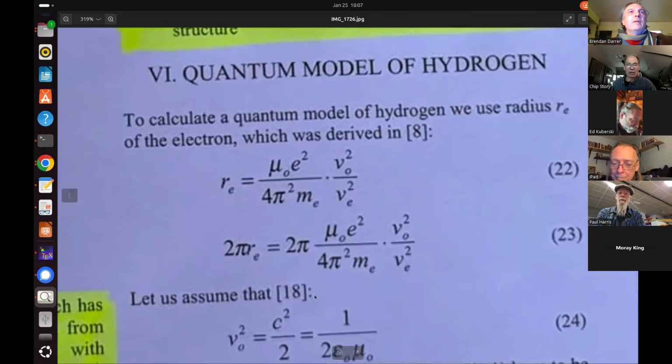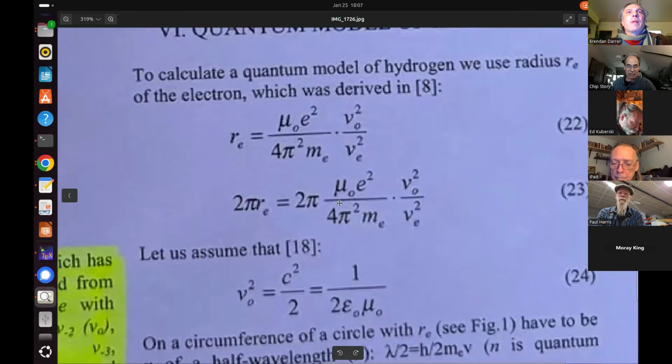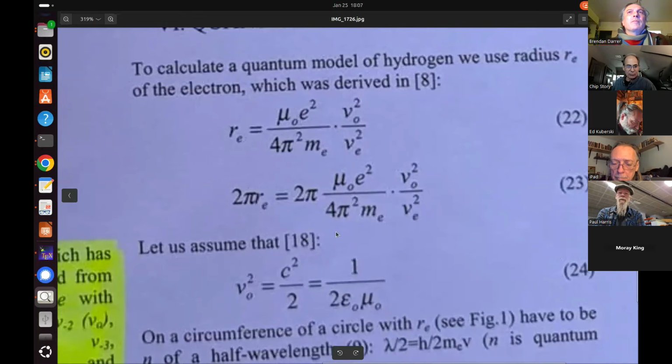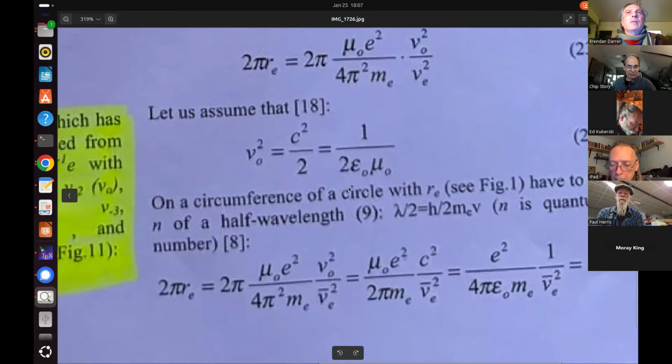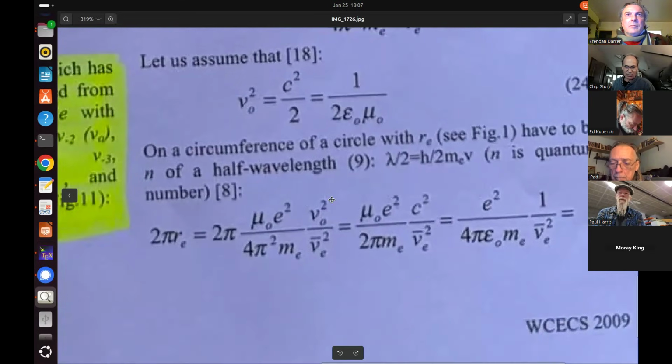Interesting. All right, quantum model of the hydrogen. To calculate a quantum model of hydrogen, we use the radius r sub b of the electron, which is derived in the equation. Let's assume that in that equation 18, on the circumference of a circle with radius r sub b, there has to be n half wavelengths.